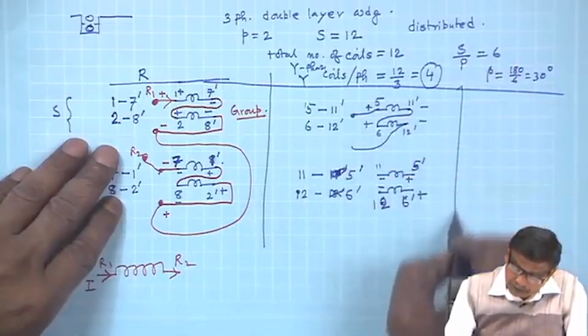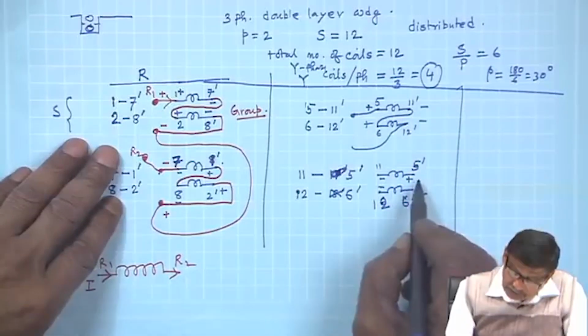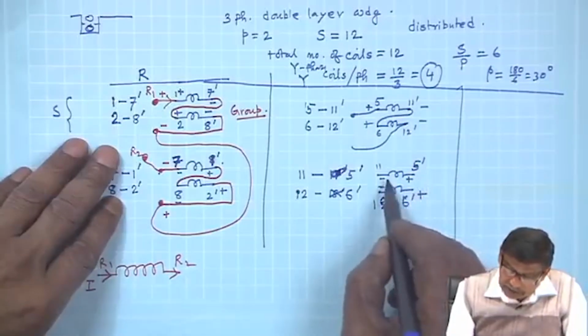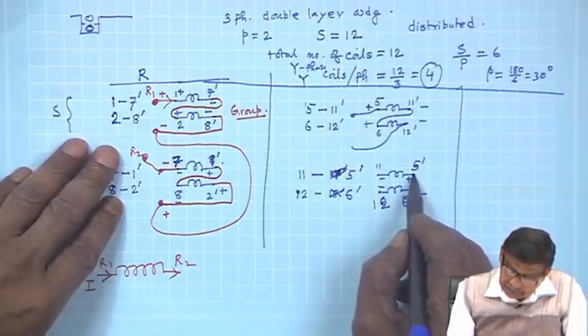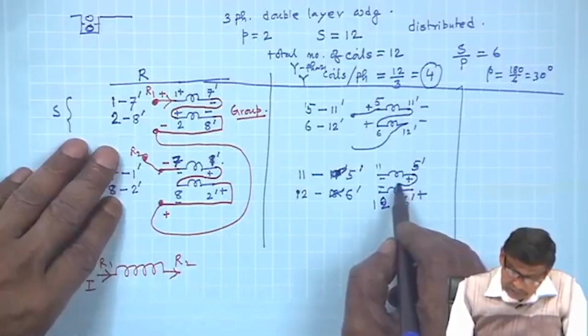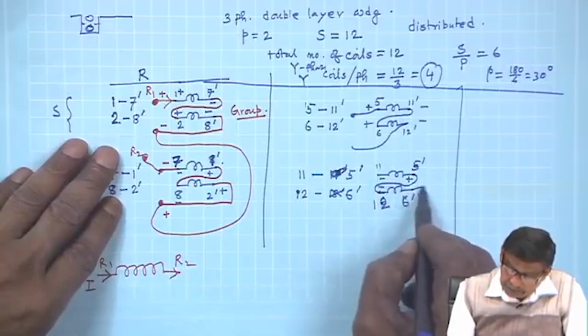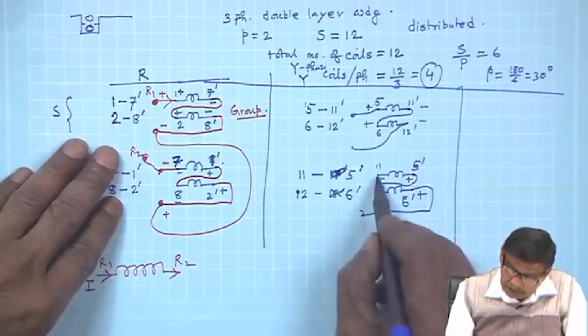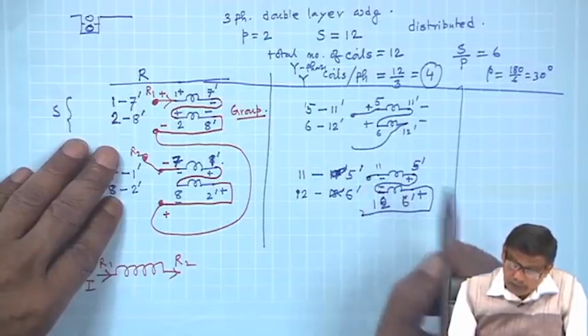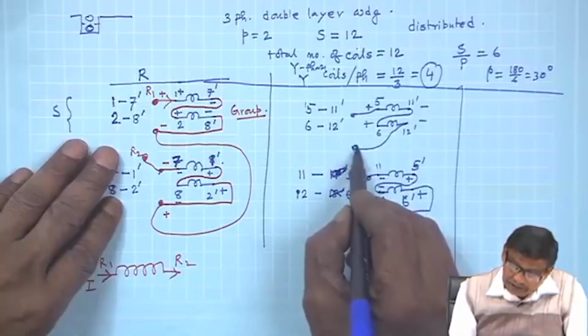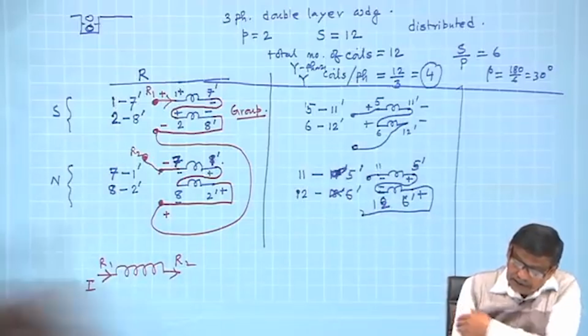This column is for Y phase, and these two also you connect in series, so that these two voltages are additive. These are the two terminals of the second group of Y phase coil, but the point is the polarity has reversed.